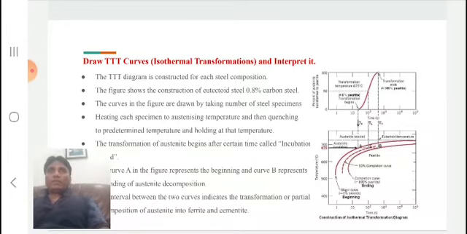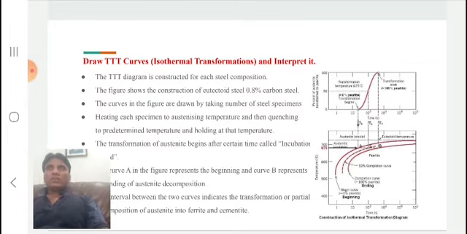So the moment the austenite is quenched to some temperature and held at that temperature, the austenite transformation does not begin.